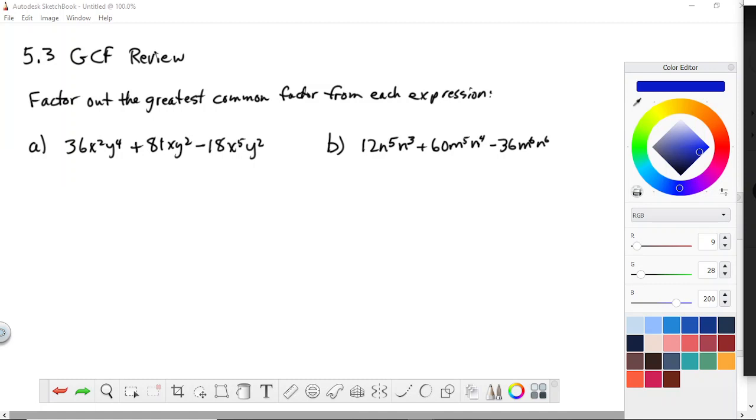If it does, then that's the greatest common factor. So I look at 18 and we say, well, yeah, 18 divides into 36, but it does not divide into 81.